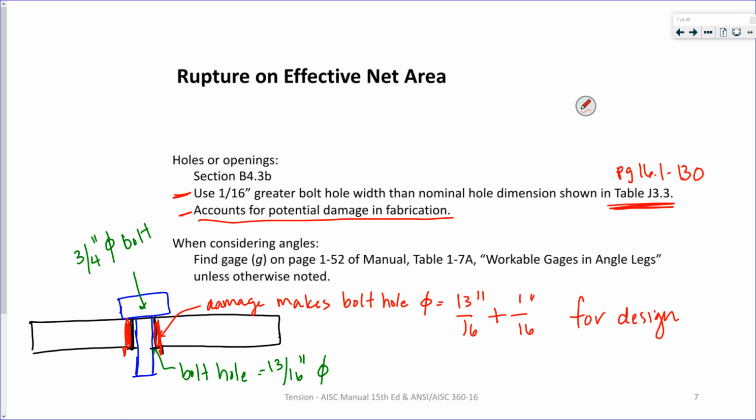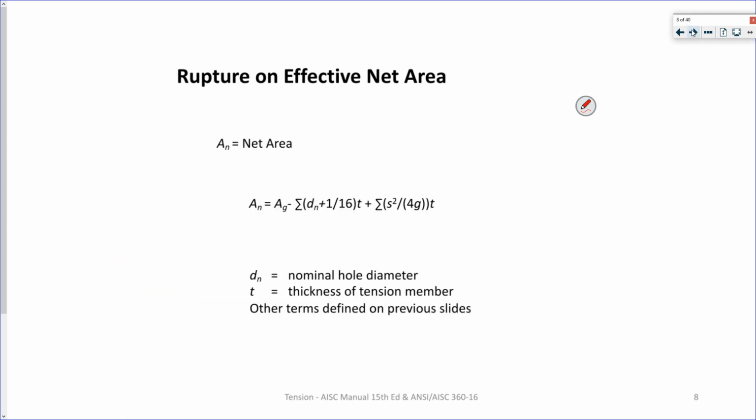So this would be more for the design, but it'll tell you how far apart you can put bolts, or like that G, if you're looking at it, how far from one side of the angle you need to put your bolt holes. We don't delve into that too much, so here's kind of a summary.